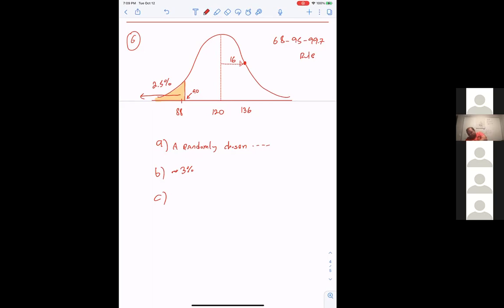not continuous. So is this continuous or is this discrete? It's actually both. You see, the actual physical glucose level is continuous.